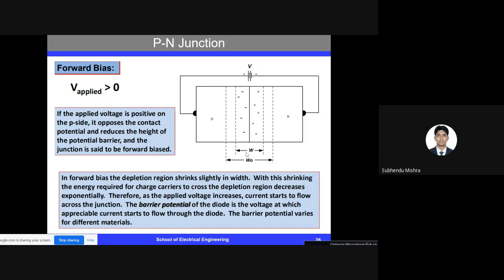Once the junction width is completely eliminated, the charge can flow. That is why you have what we call a potential barrier. If we apply a forward bias voltage more than that particular potential barrier, the current can now flow. And for the silicon diodes, the potential barrier for power diodes is between 0.6 and 3 volts.